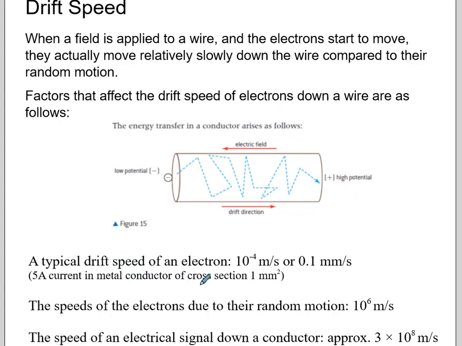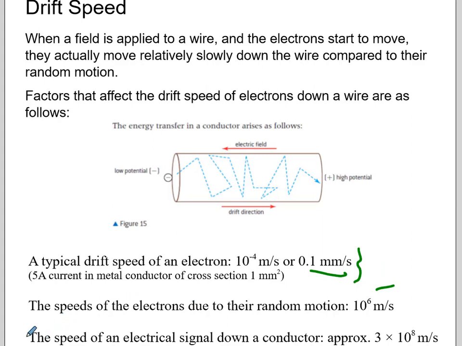Okay, so now this is what surprises most people right here. The drift speed of an electron is about 0.1 of a millimeter a second. So that illusion you have of hitting the light switch and the light going on instantly isn't because electrons are flying to the light really, really quickly. They're actually traveling really, really slowly. The speed of electrons due to the random motion is 10 to the 6th. That's how fast they're moving and jiggling around in space. They're creeping along at a very small amount.